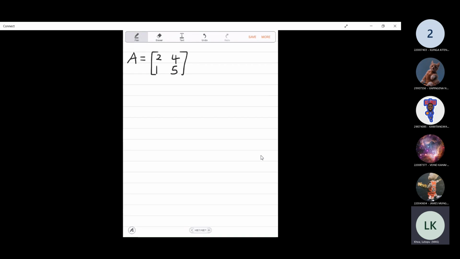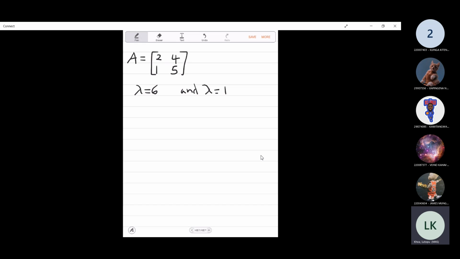We said lambda is equal to 6, and lambda is equal to 1. So these were our two eigenvalues. And then we had eigenvectors associated with each of them.